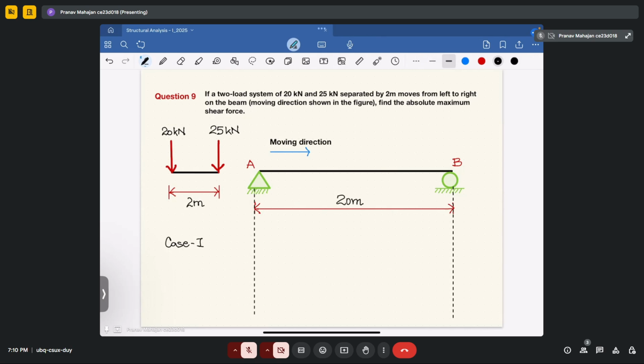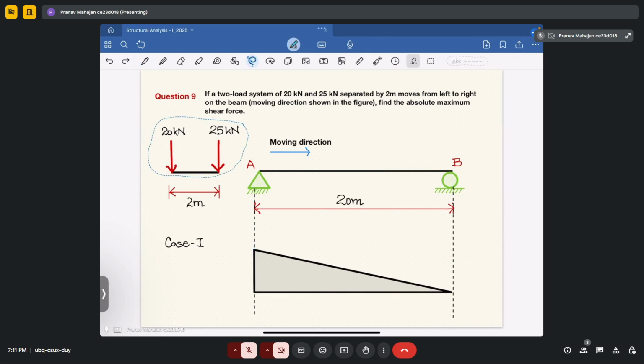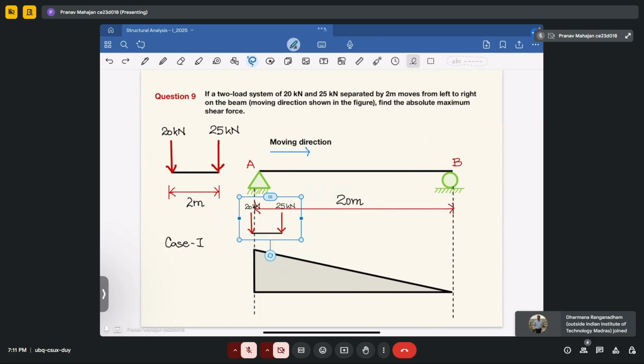So if I provide unit displacement, that means this will be a unit. Fine. Now that means this load assembly will now be kept over this beam. Okay, if I paste it there like this, let me make this small.